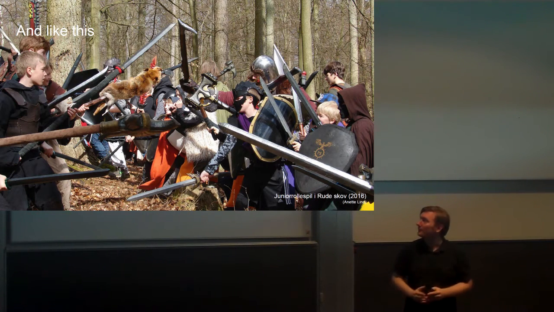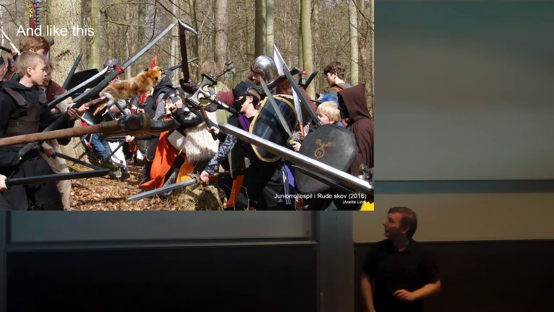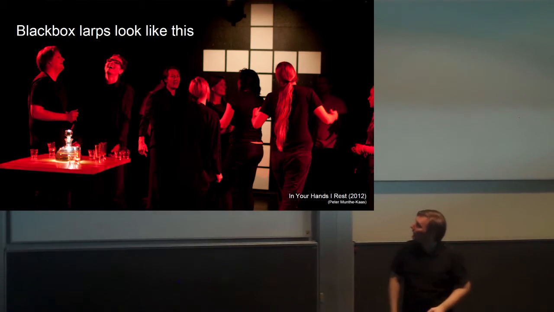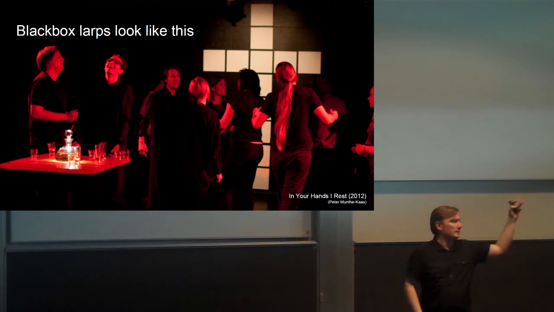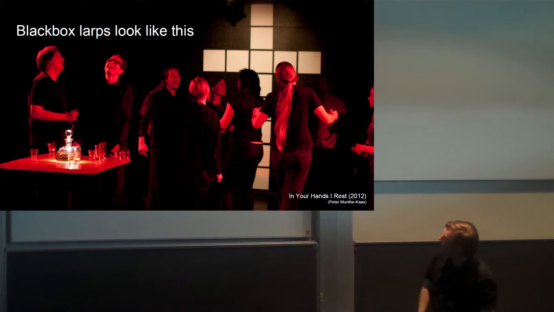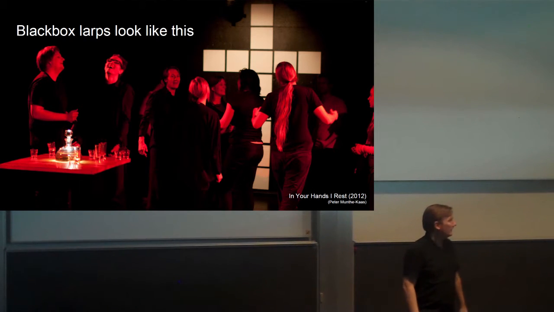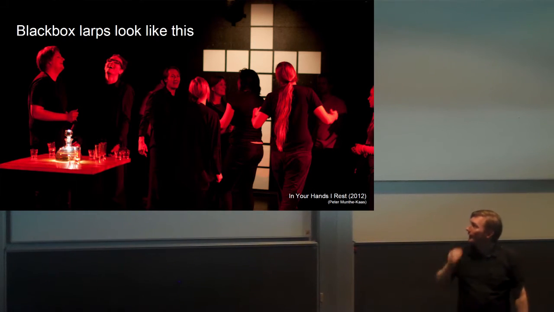LARP can look in many ways, and the thing I'm going to talk about, Blackbox Larp, looks more like this. Could we perhaps kill the lights of this? Or maybe it's just me standing at a bad angle.